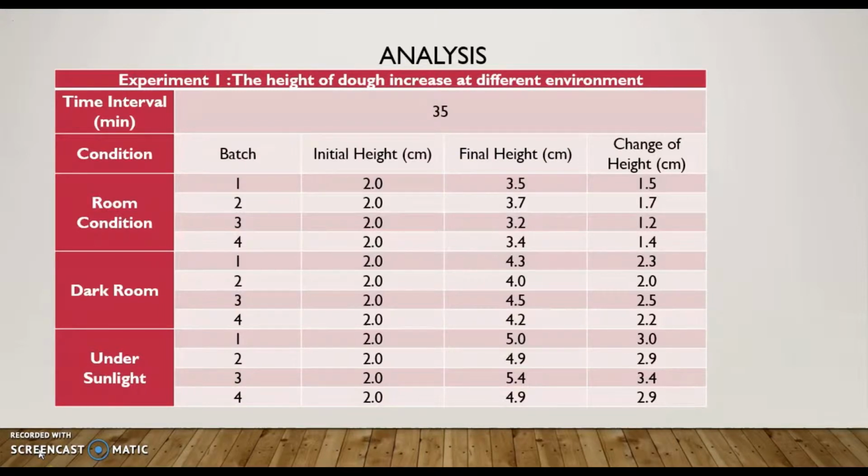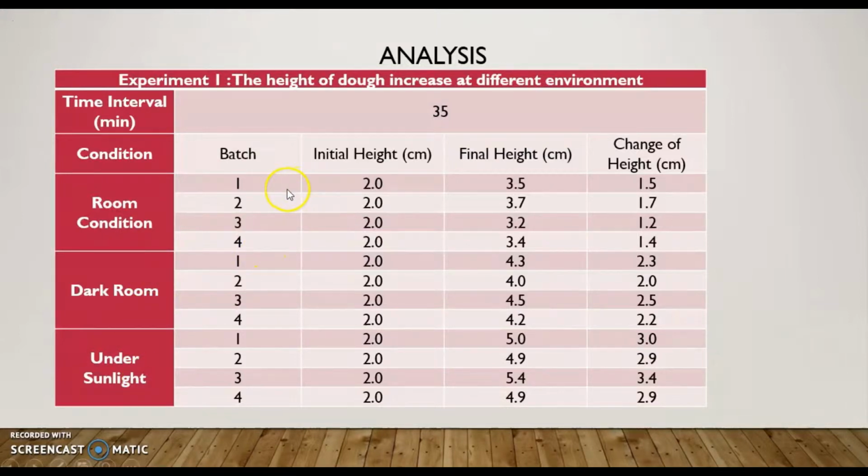Assalamualaikum warahmatullahi wabarakatuh. So today I am going to explain about the analysis of our experiment. In our experiment we have two experiments. Firstly, experiment 1, the height of dough increase at different environment. Here we keep the time interval constant at 35 minutes and we change the room condition, which are the room condition, dark room and under sunlight.